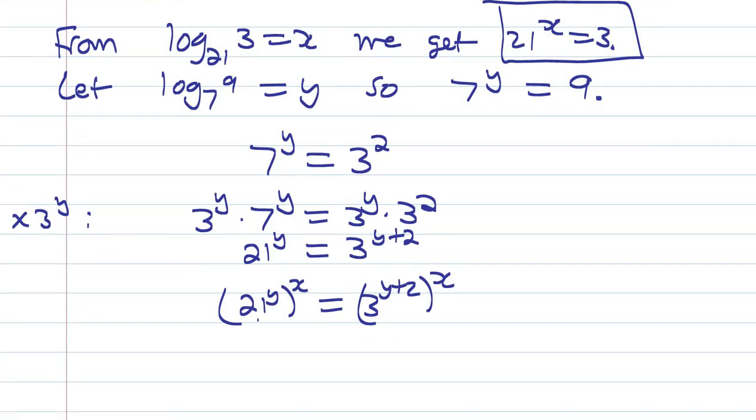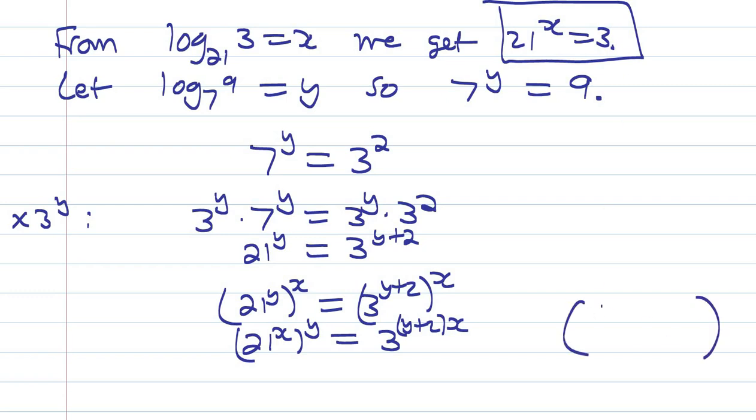So now I have that 21 to the power x to the y, and here I have 3 to the power (y plus 2) x. But now we know that 21 to the power x is equal to 3. So this now becomes 3 to the power y is equal to 3 to the power (y plus 2) times x.